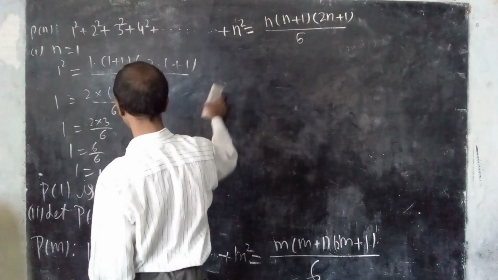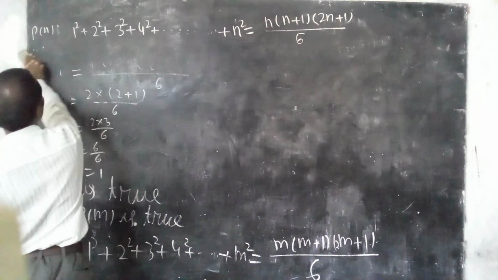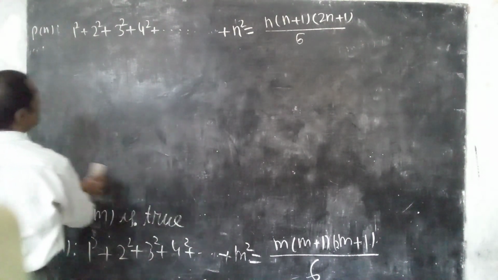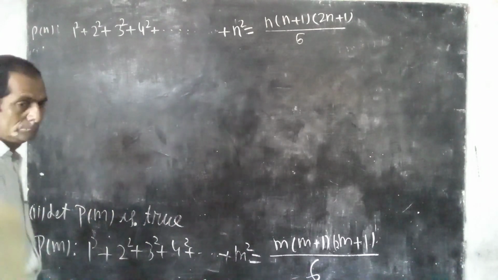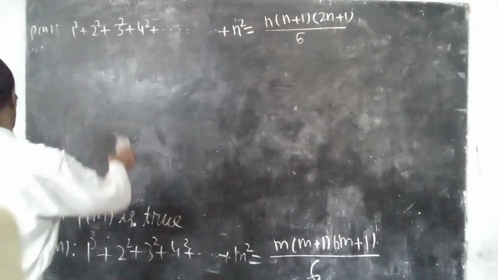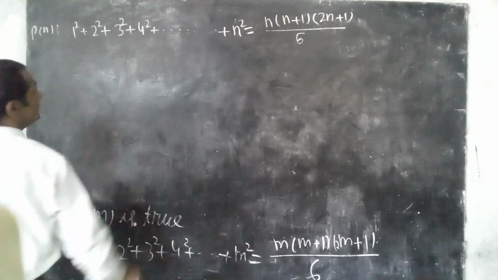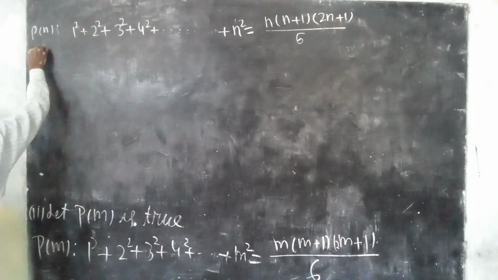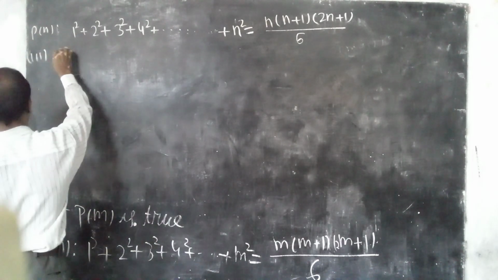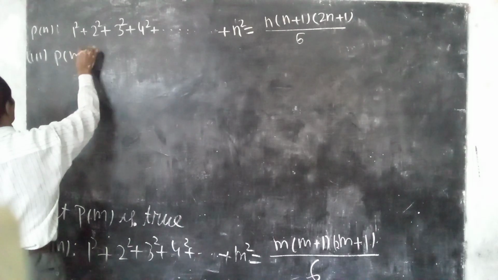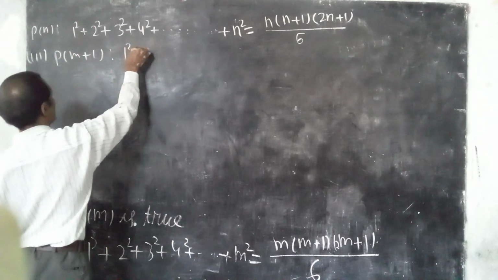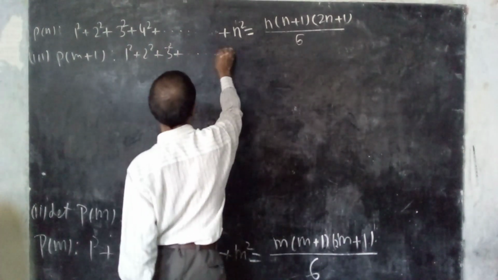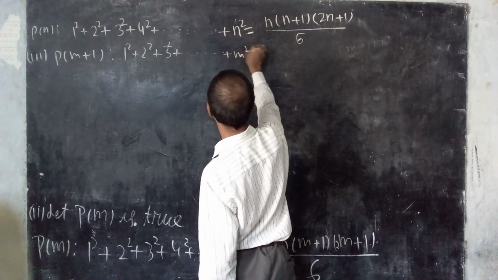Third step: replace n by m plus 1, then you get m plus 1 square plus 2 square plus 3 square dot dot plus n square, plus the m plus 1 term.